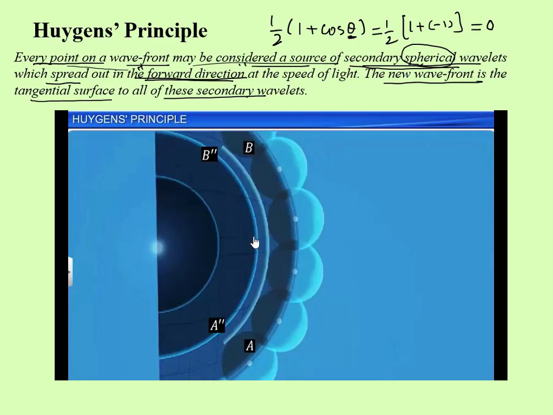So for the animation purpose we have shown that every point on this wavefront acts as a new spherical source of secondary wavefronts. If we draw a tangent to all these spherical wavefronts, the tangential surface to all these secondary wavelets gives the new wavefront. Ideally we should have tangents in the forward direction as well as in the backward direction, but these backward tangents, or the secondary wavelets in backward directions, are neglected due to this reason.